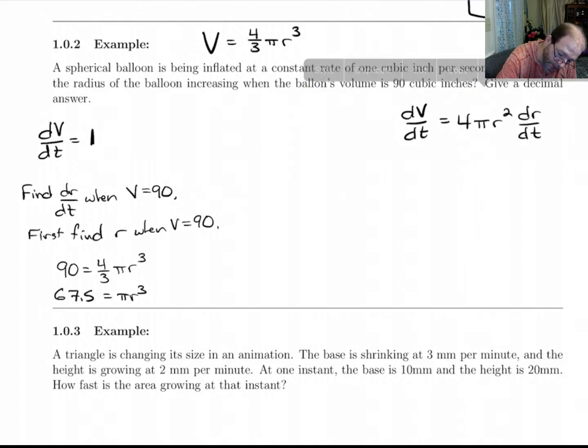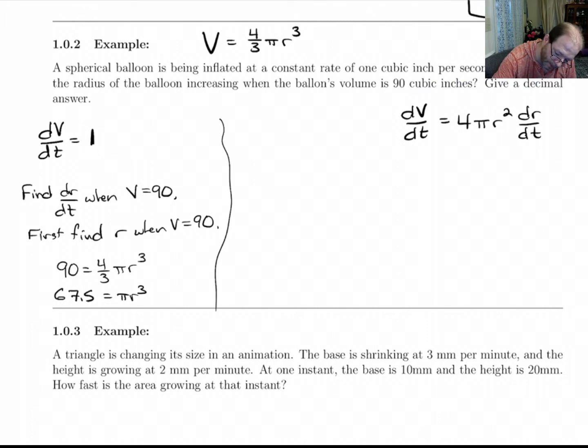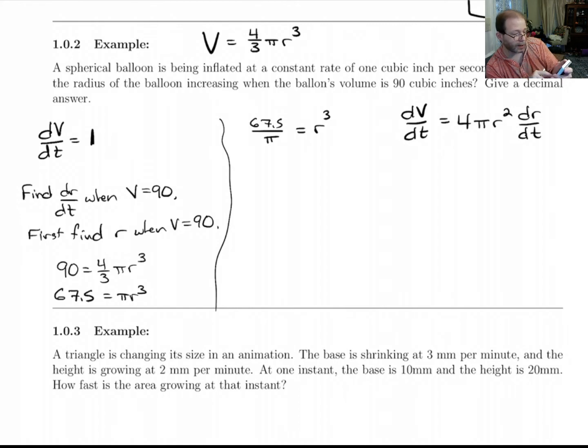Slide this over. So from there, 67.5 over pi equals r cubed. I'm just going to take my calculator and do 67.5 divided by pi, which equals 21.48.